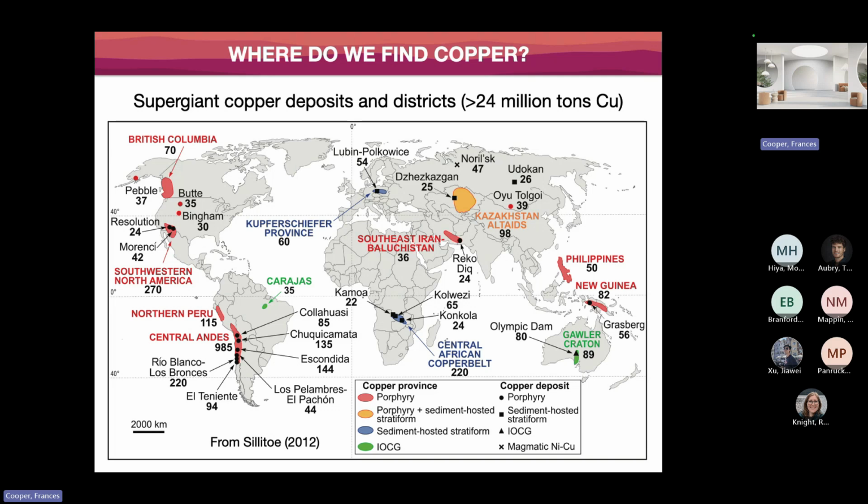And those are the ones in red. There are some other ones on here, like sediment-hosted stratiform copper deposits, particularly in the Central African copper belt, some in Central Europe. There are others, IOCG, iron oxide copper gold, but the vast majority come from what are called porphyry copper deposits. So we're going to think a bit more about what those are.